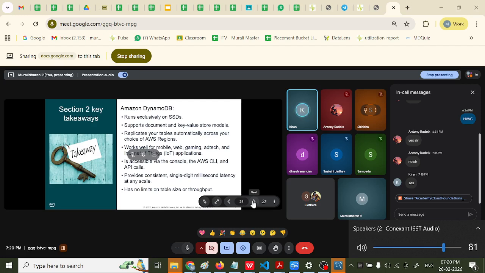It is accessible via the console, the AWS CLI, and API calls, provides consistent single-digit millisecond latency at any scale, and has no limits on table size or throughput.